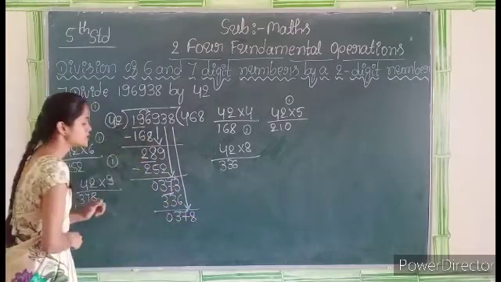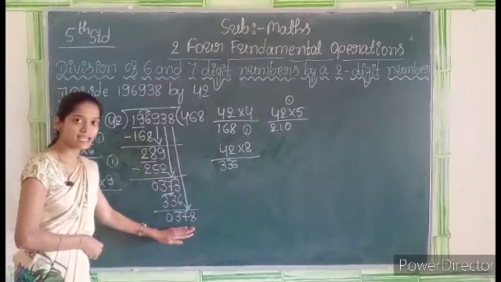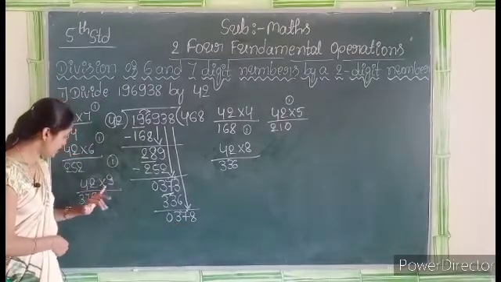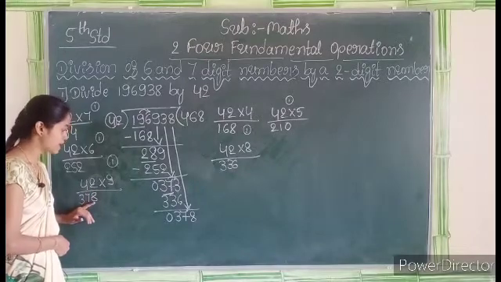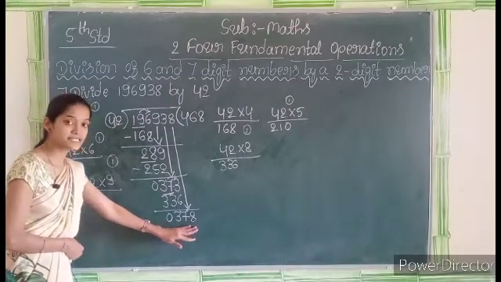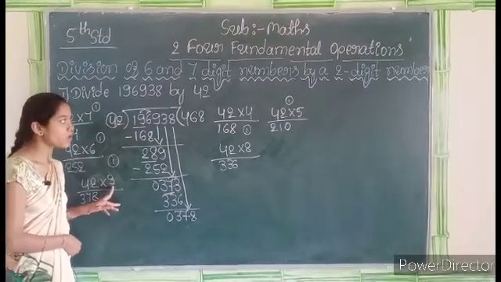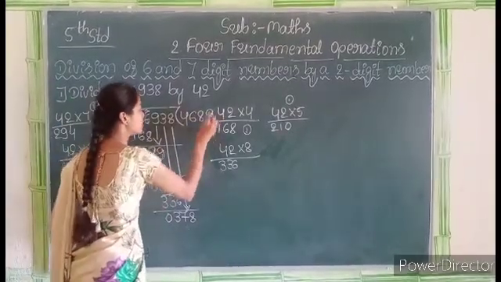Now we have to consider 378 as the dividend. Students, we know that 42 9s are 378, right? This 378 is directly divided by 42 on 9. So 9 is the quotient.